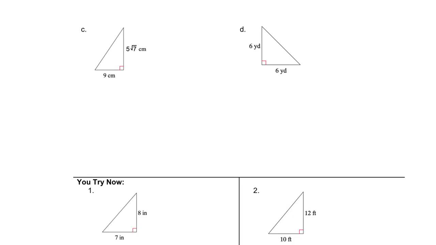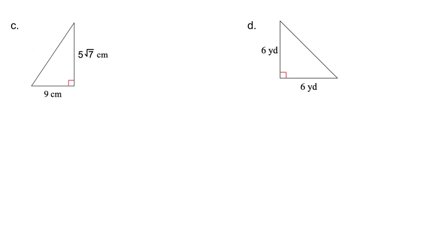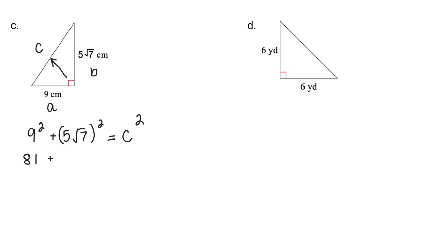We have 2 more to talk about here. So for C, again, we're looking for that hypotenuse side. I have one of the legs and the other leg. So I have 9 squared plus 5 root 7 squared, and that equals my hypotenuse squared. So 9 squared is 81. 5 root 7 squared is 175.